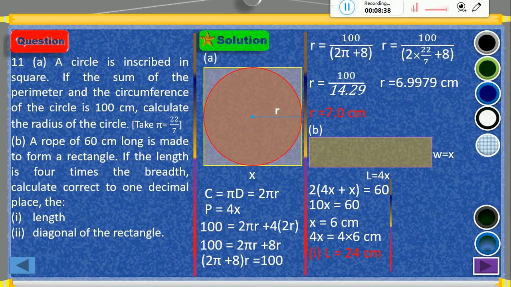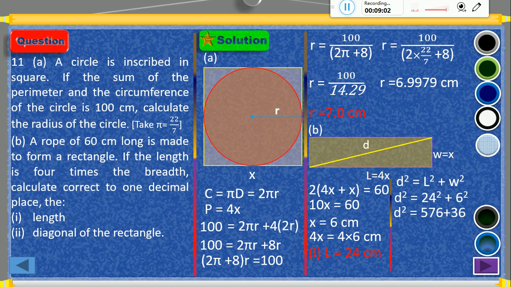Now, to find the diagonal, that's the diagonal of the rectangle. Let's represent it with d. D squared is equal to L squared plus W squared. So D squared is equal to 24 squared plus 6 squared.